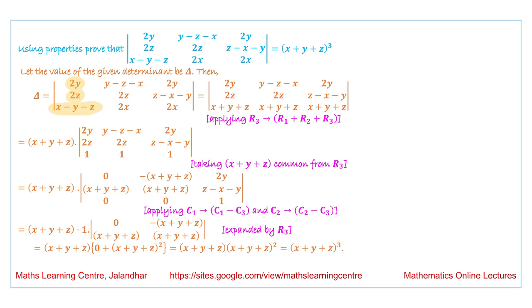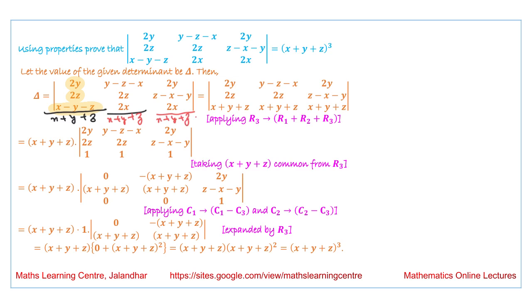So if we add all these three values, we will obtain x plus y plus z. Similarly, if we add the next three values, we will obtain x plus y plus z. If we add the next three values, we will obtain x plus y plus z.